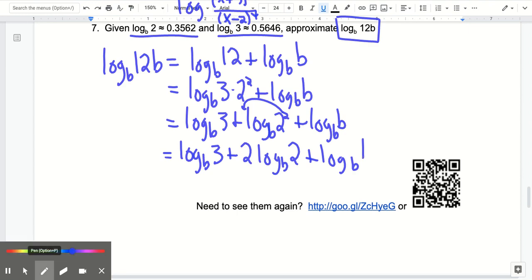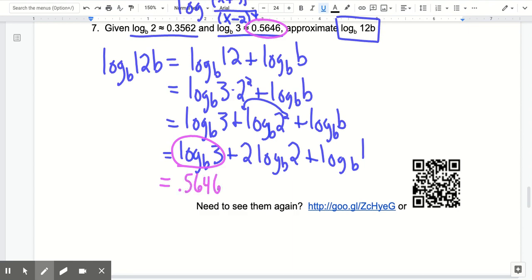Okay, let's get some substitutions happening. Log base b of 3, I'm going to replace it with that. So that's my first substitution. 0.5646 plus 2, and then this thing is that number, 0.3562.